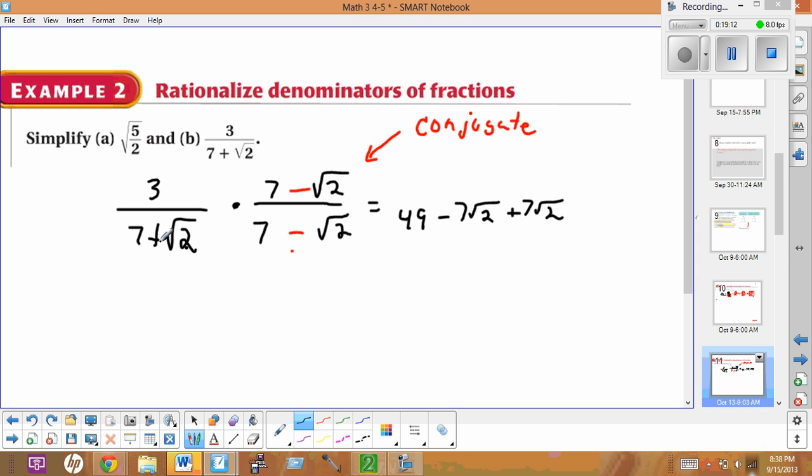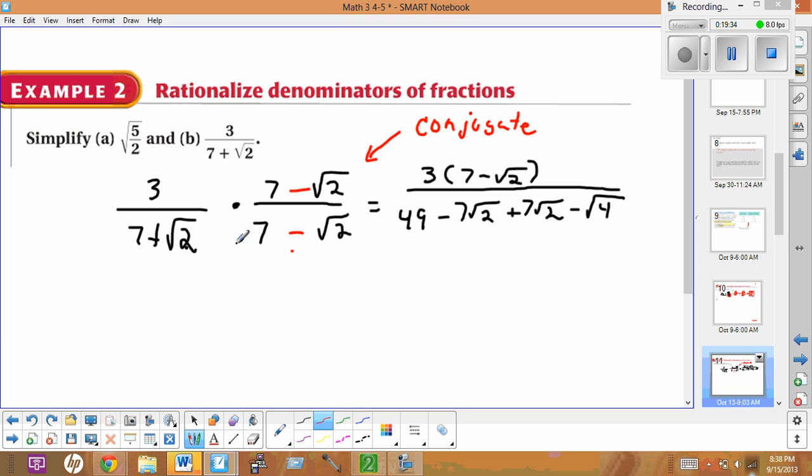And square root of 2 times negative square root of 2 is negative square root of 2 times 2, or 4. Now the numerator, I'm going to simply, at this point, just put them together, not actually multiply through, because we may be able to reduce.